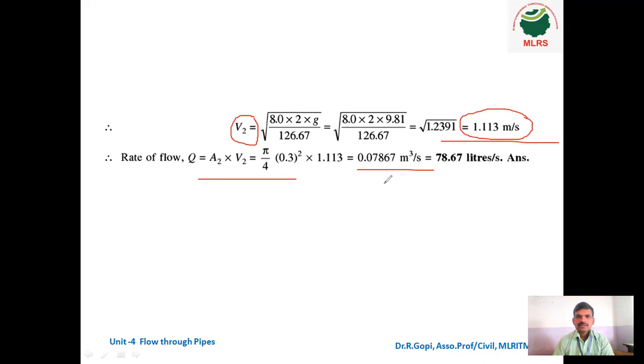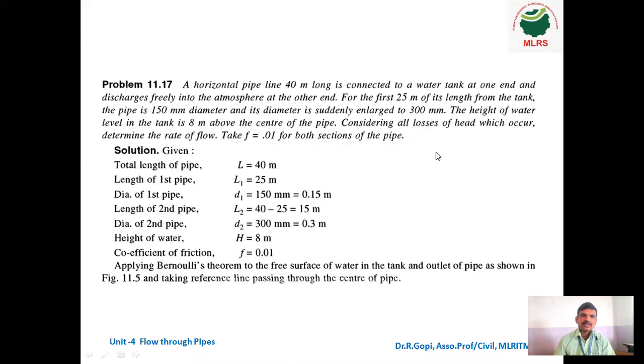If we need it in terms of liters, we have to multiply by 1000. The answer will come in meter cube per second only; if you need liters per second, you must convert it by multiplying by 1000. This is a very, very important problem, students, so keep it in your mind.